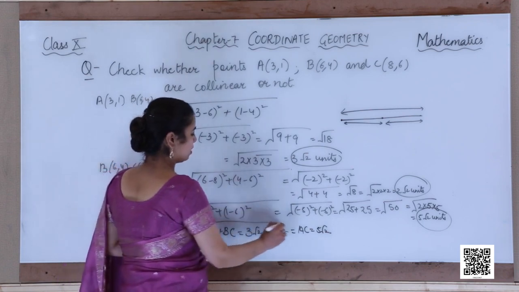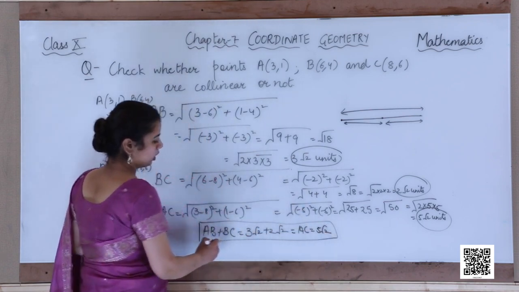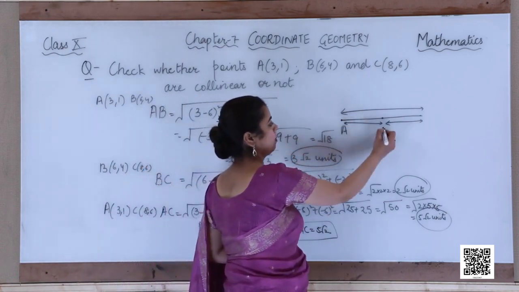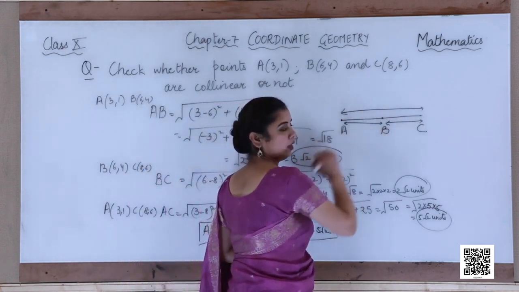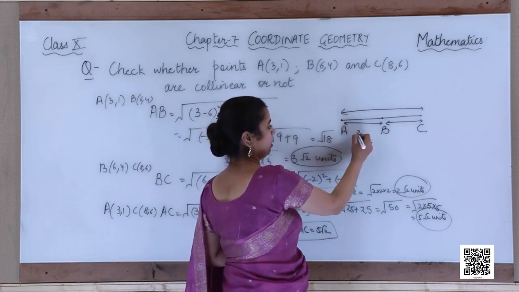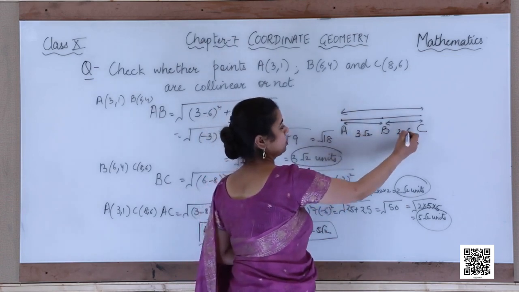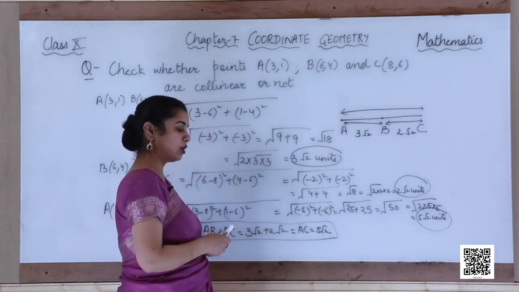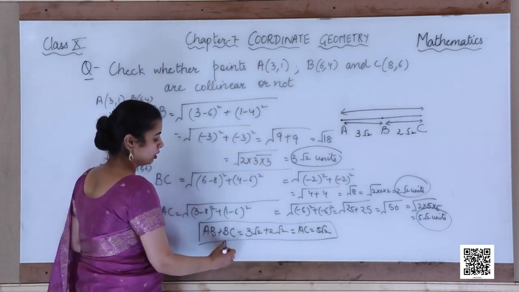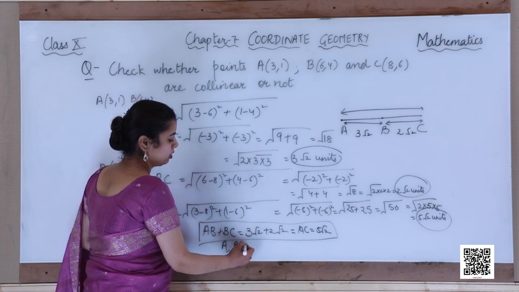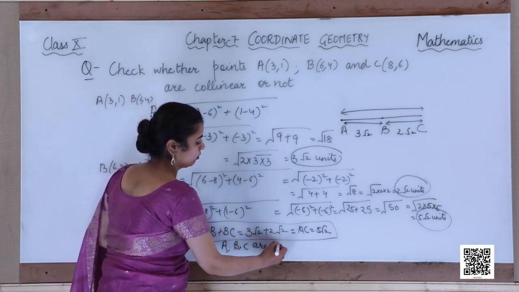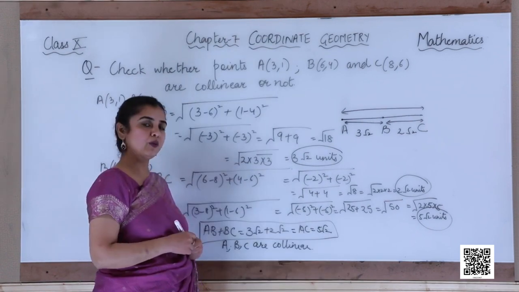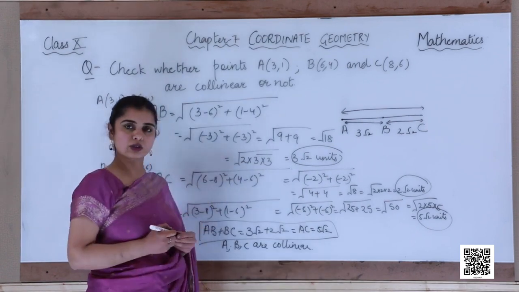The sum of two lengths is coming out to be equal to the third length. So we can say that if A is here, B is here, C should be here. AB, that is 3 root 2, plus BC, 2 root 2, is equal to AC. So clearly these 3 points are collinear. That is, they lie on a straight line. So this is how we use the distance formula to reach such conclusions.